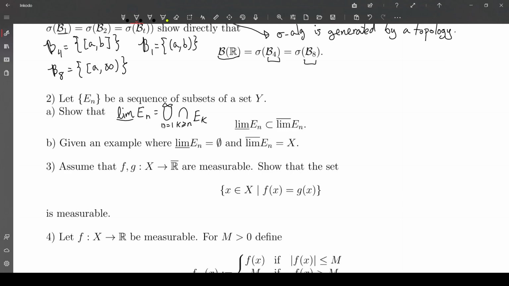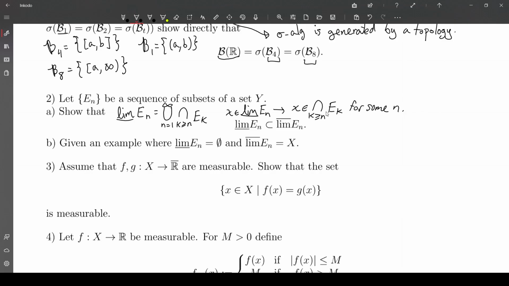So, in other words, it's the union of all the intersections of the sets past a certain index. So if x is in the lim inf of E sub n, then x is in some union, which means x is in one of these intersections for some n.